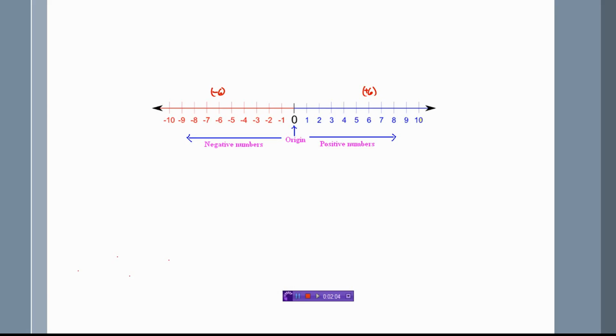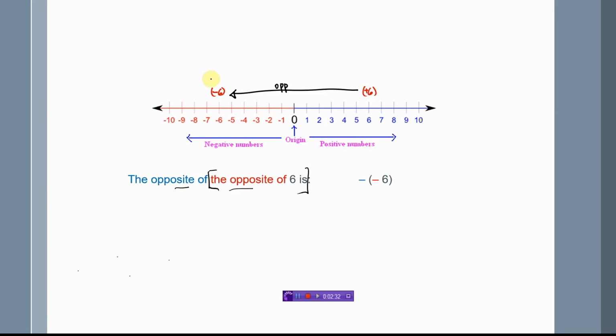I changed the color because we want to look at something else: the opposite of 6. So I'm starting at 6, and if I ask what is its opposite, we've gotten to negative 6.